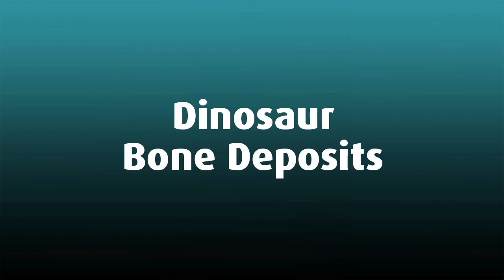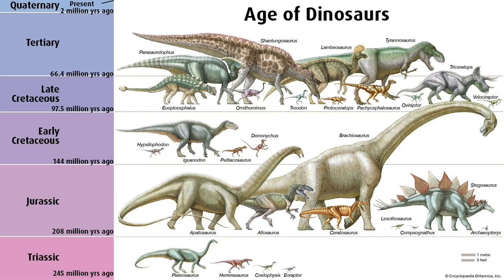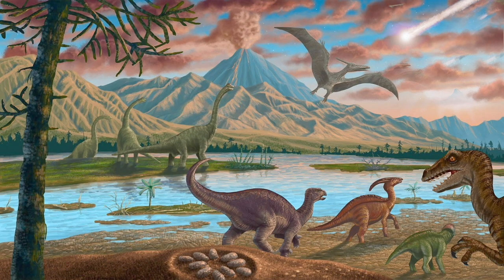Another question, dinosaur bone deposits. As we've mentioned, dinosaurs are supposed to have lived in a long span of time in Earth's past history, and we find them in different strata as a result of that. It is presumed that they were made extinct by a meteor impact, which doesn't hold up to scientific scrutiny.